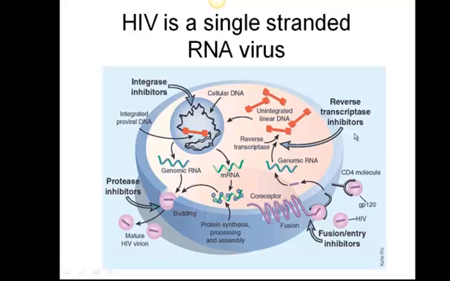So reverse transcriptase inhibitors are very popular. Integrase inhibitors have been less developed. Protease inhibitors are also very popular. And then you can also try fusion entry inhibitors as well that would block this interaction between the GP20 protein of the HIV virus and the CD4 molecule on the surface of the cell.